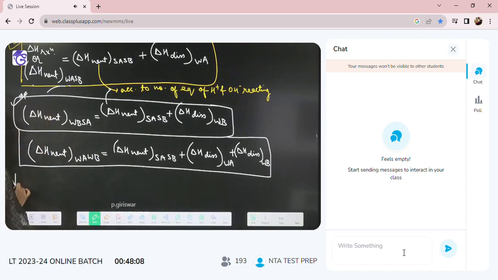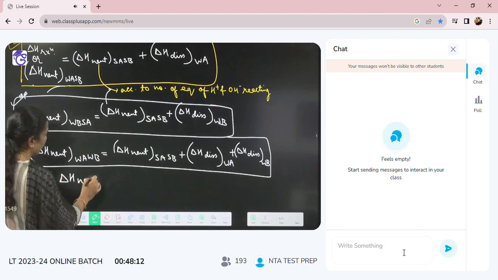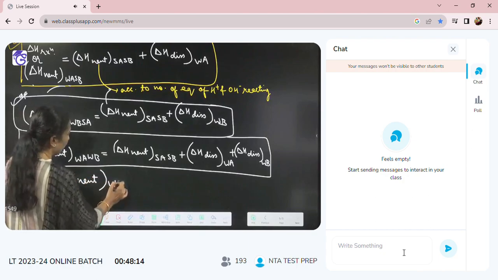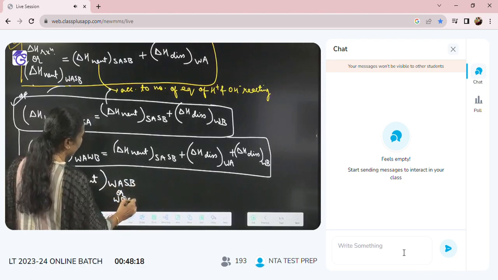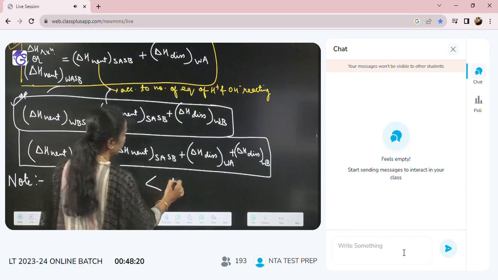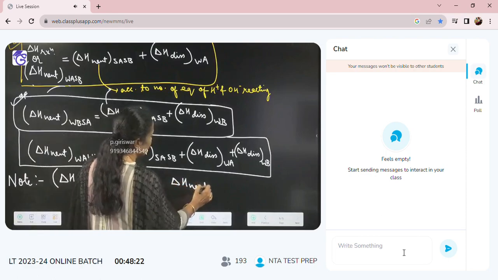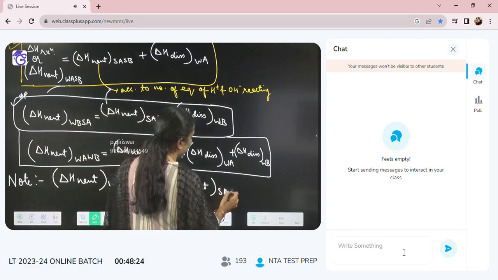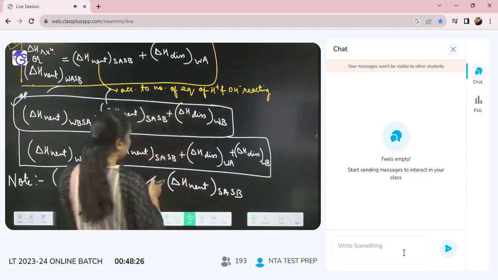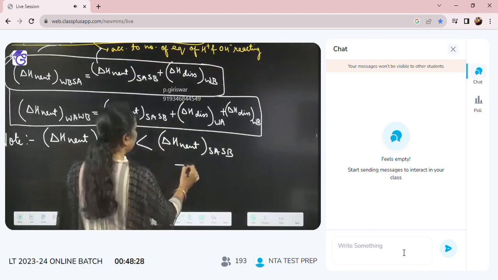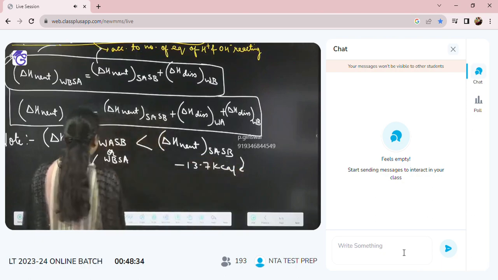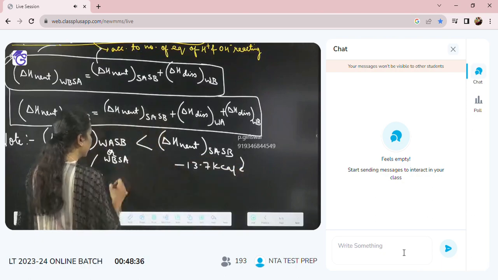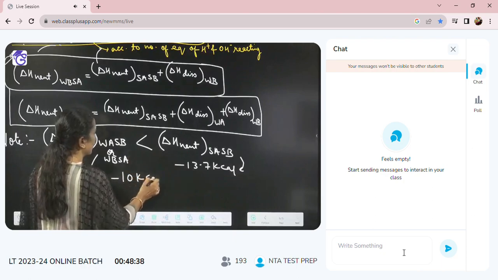Let me tell you why I am saying so. I'll write down here: delta H neutralization for a weak acid strong base or weak base strong acid is lesser than delta H neutralization for a strong acid strong base. If I write minus 13.7 kilocalorie for the strong acid strong base, here it will be lesser than that, minus 10 for example.